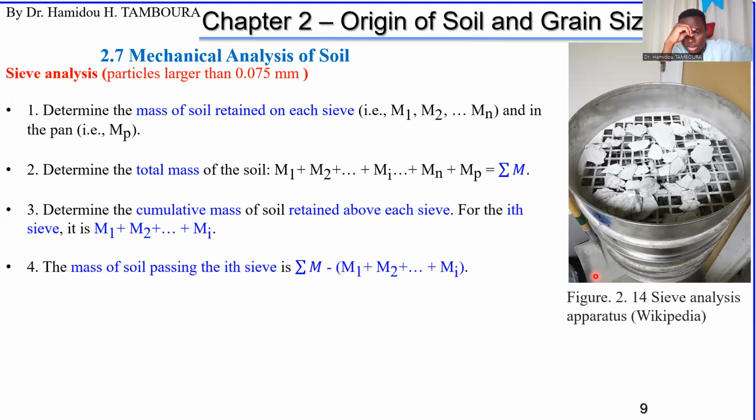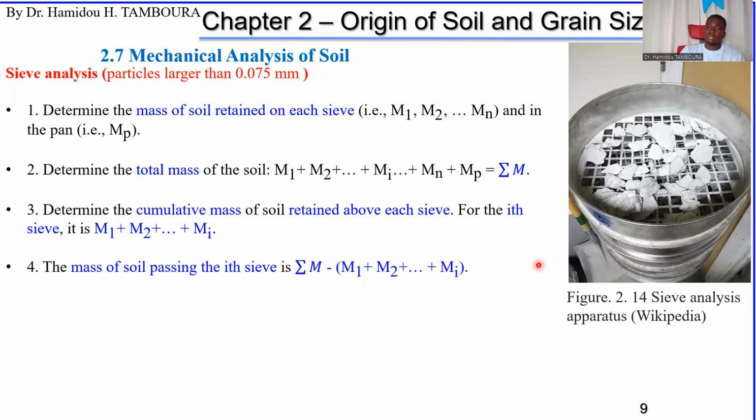How can we do that? It's very simple, because we know the total mass. The total is this one, sigma M, by adding all the masses, minus the cumulative mass.